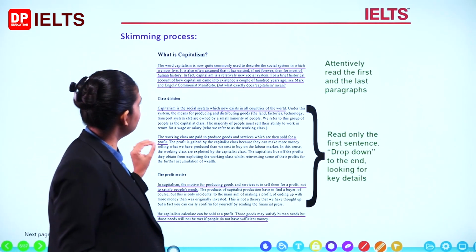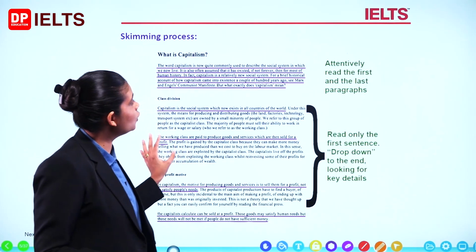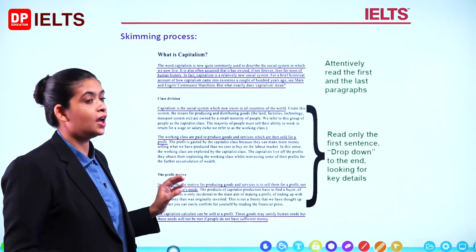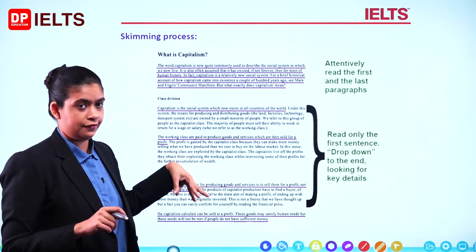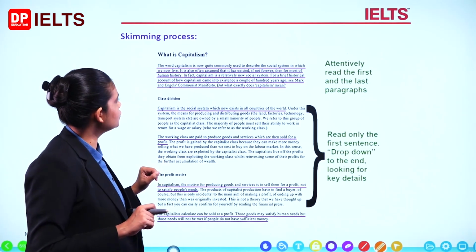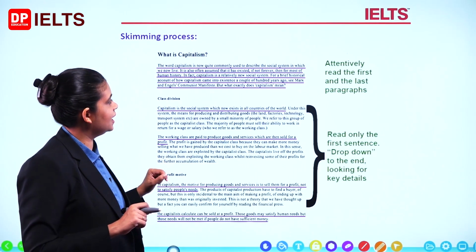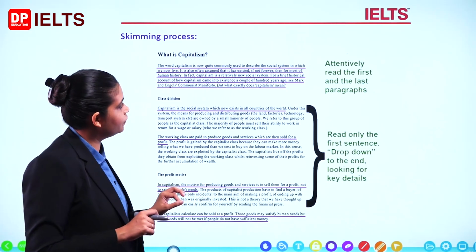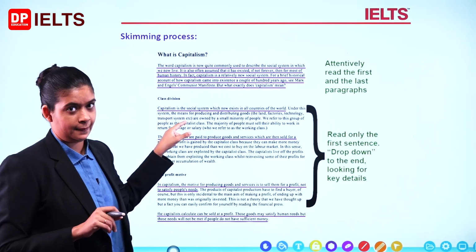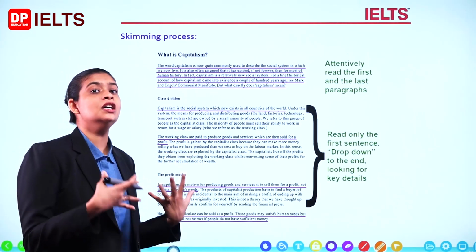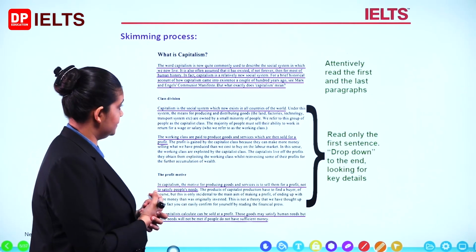The word capitalism is now quite commonly used to describe the social system in which we now live. It is also often assumed that it has existed, if not forever, then for most of human history. So it's been there for quite a long time, this capitalism.